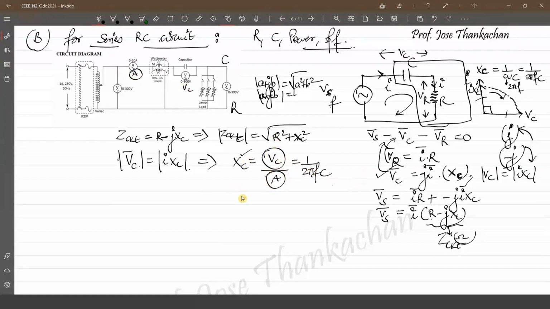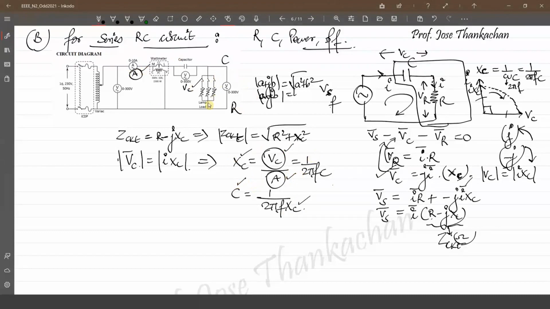So from here, C can be written as 1 by 2 pi F into XC. If VC is known and A is known in the given circuit, measuring these two, the ammeter and voltmeter values, we can find XC directly. If XC is known, we can find the capacitance value.